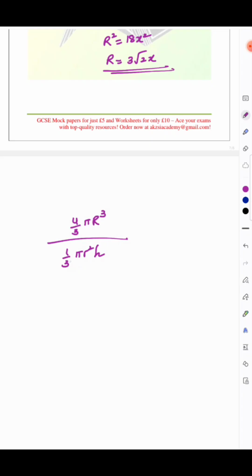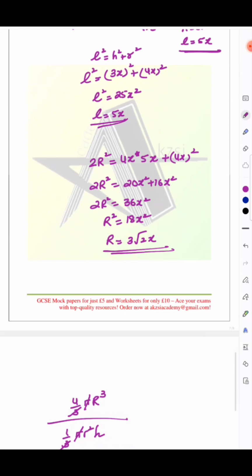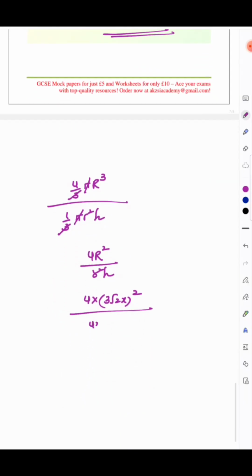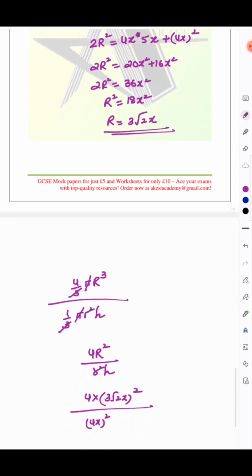First thing is, cancel 3 and 3, pi and pi, we are left with 4R cubed over r squared h. Then R is 3√2x, whole cubed, over small r was 4x, so that is 4x squared, and h was 3x.